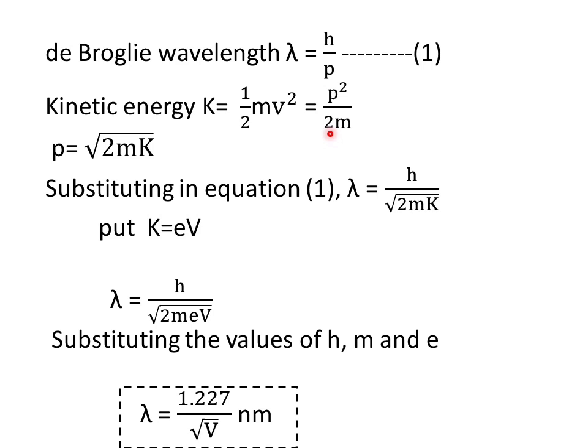From this equation we get p equal to root of 2mK. Substituting for p in equation 1, lambda equals h by root of 2mK. Now put K equal to eV. We get lambda equal to h by root of meV.